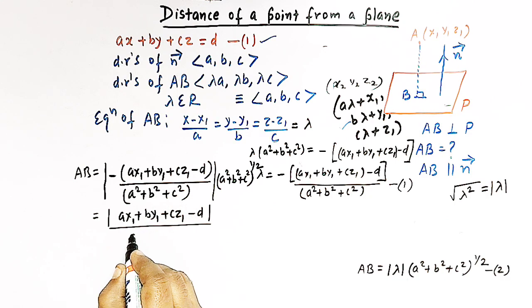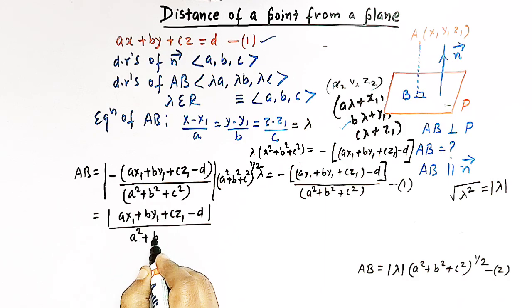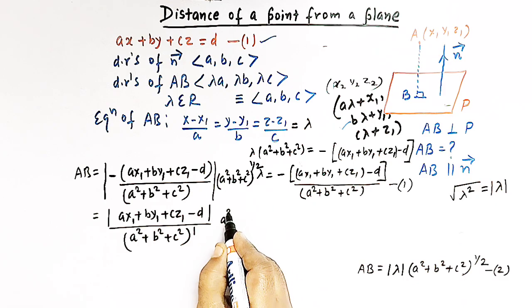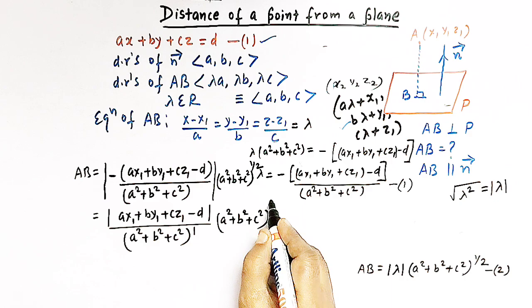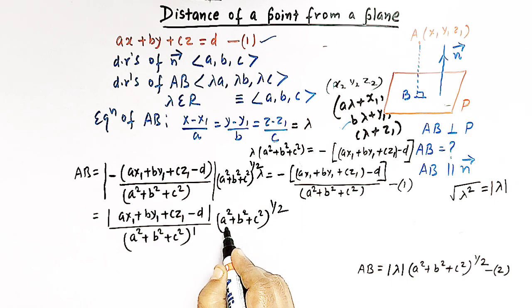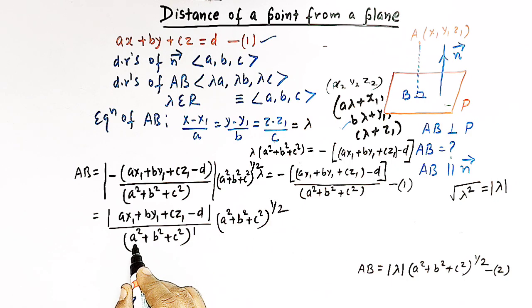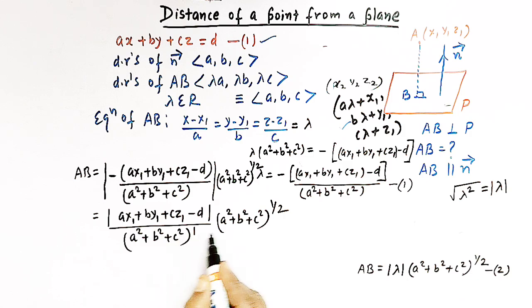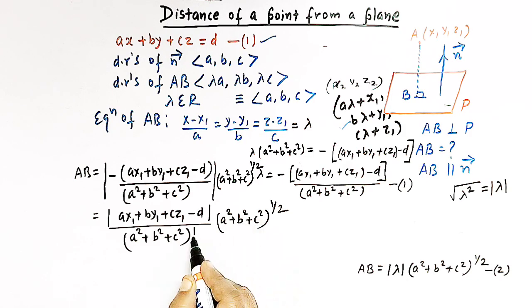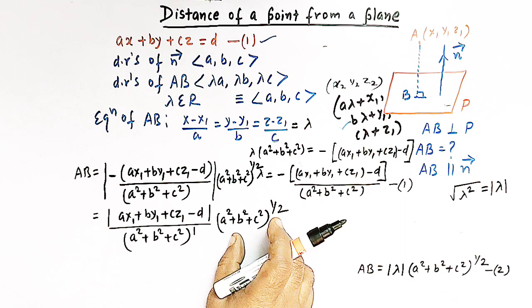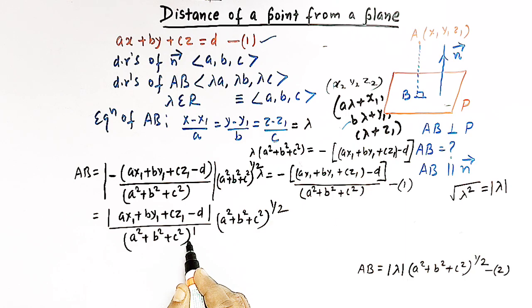So we have simply a square plus b square plus c square raised to 1. And here we have a square plus b square plus c square raised to half, right? And here we can see that a square plus b square plus c square, and here also we have a square plus b square plus c square. So let us take this term to the denominator.